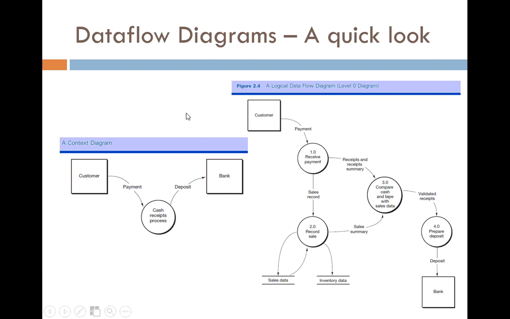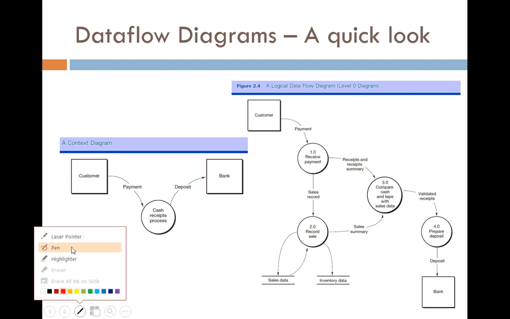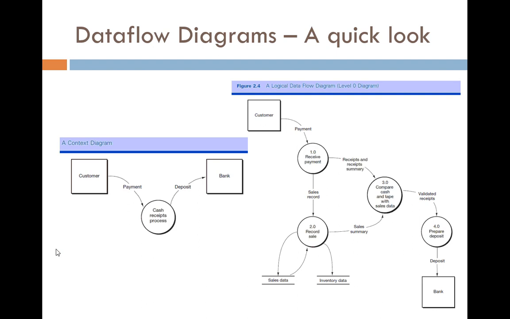What you should know is data flow diagrams start with a context diagram, and let me get a pen so I can do some things up here. A context diagram has one process, which doesn't get a number here, the key inputs and outputs from the process, and the key external entities that affect the process.